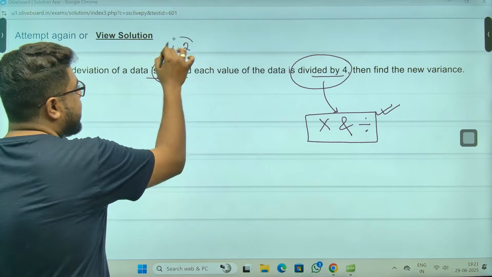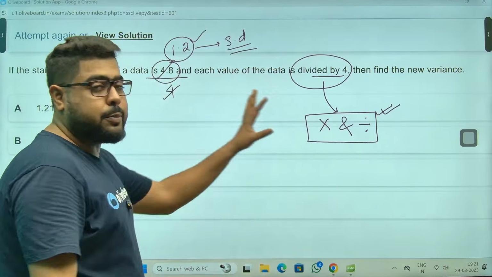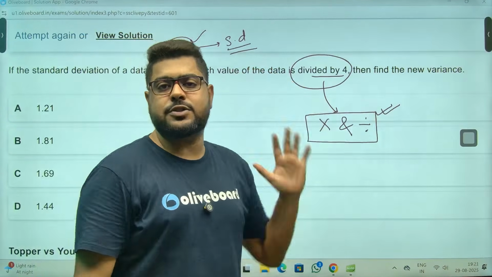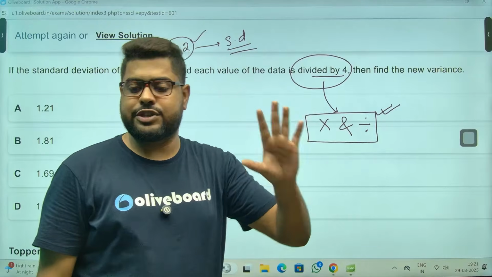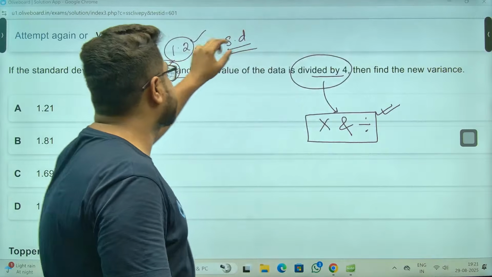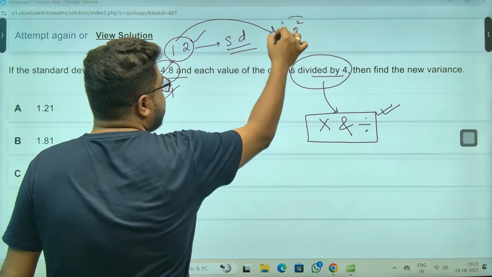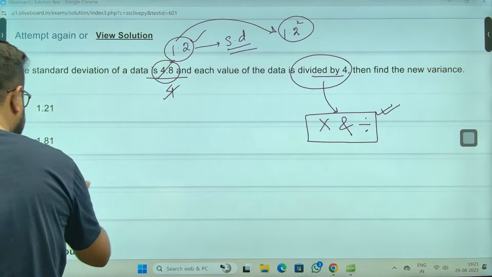This will become 1.2, my new SD. I've not talked about plus or minus: if we add or subtract, SD remains unchanged. So the new variance they're asking for: variance means SD square. 1.2 square is 1.44. Option number D.